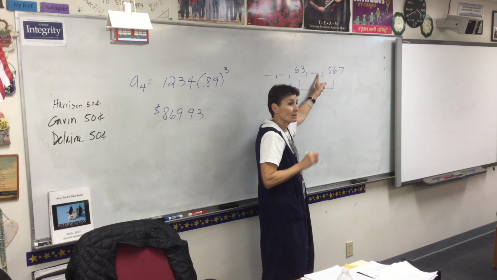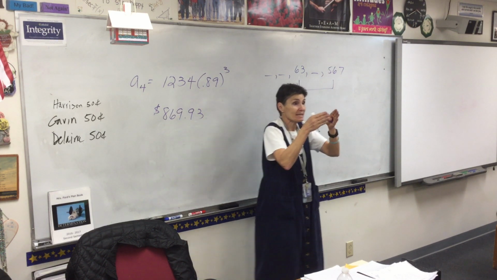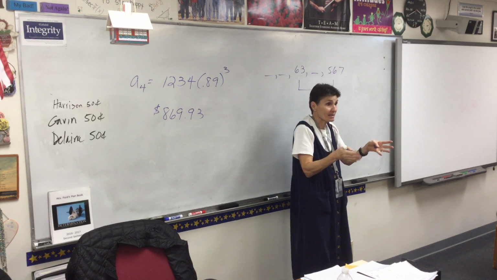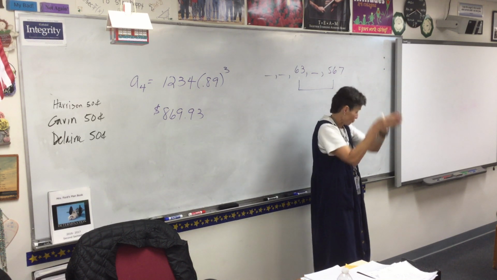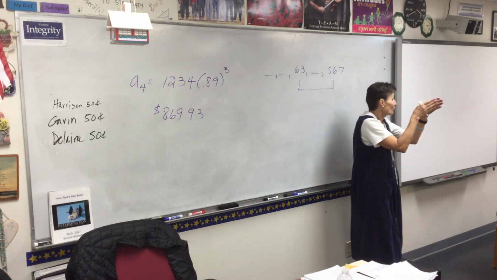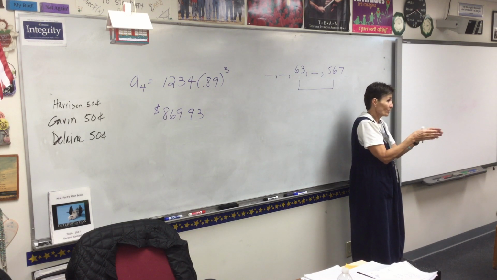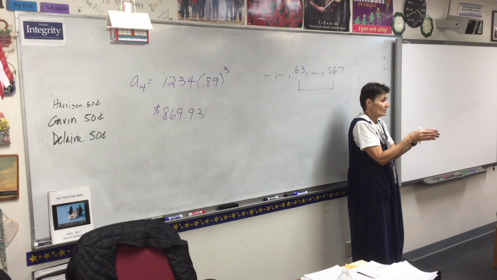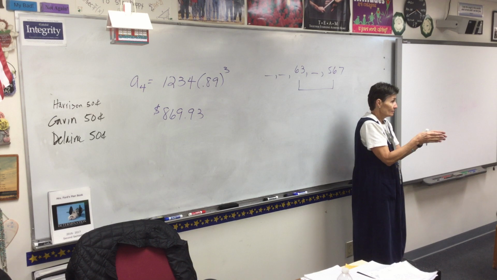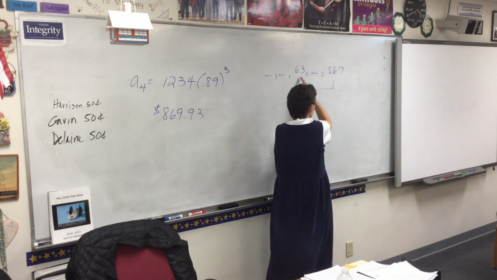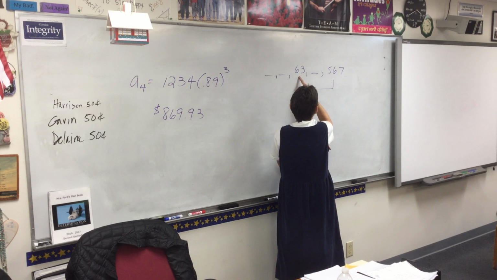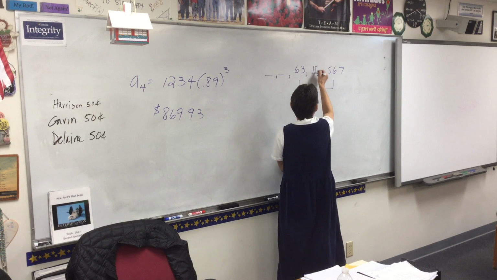You have to do an intermediate step. So instead of timesing by 9, you're going to multiply by 3 and then another 3. Do you understand that? So if we times this by 3, we get 189.